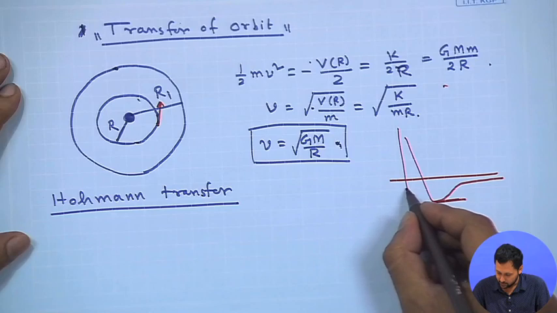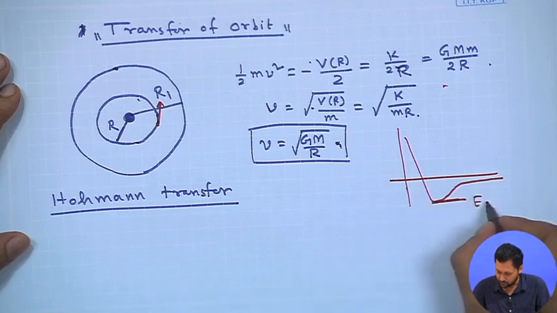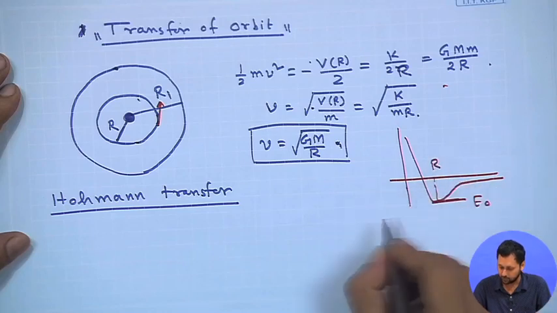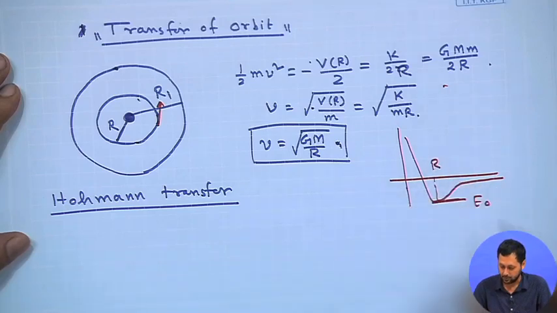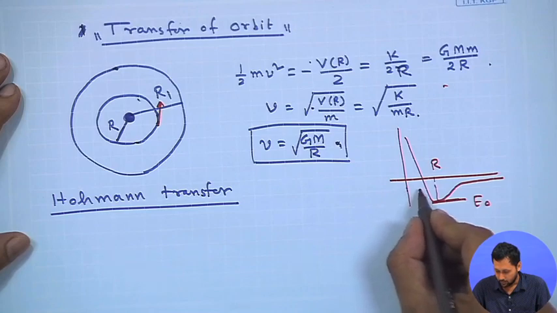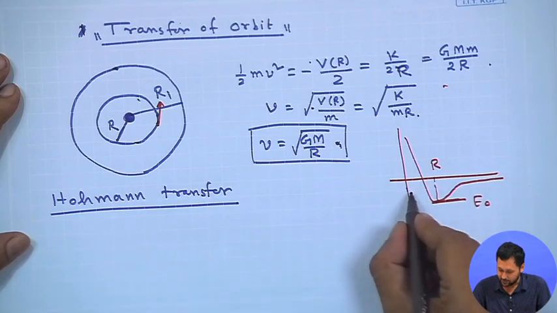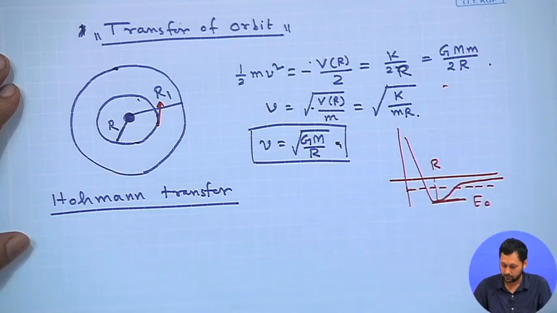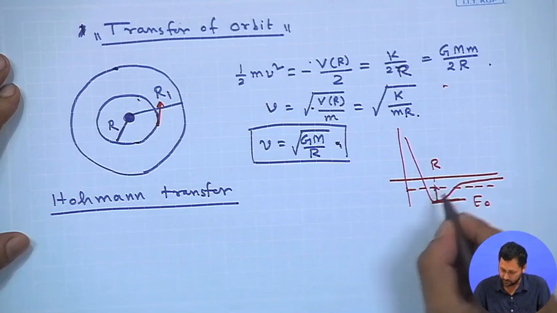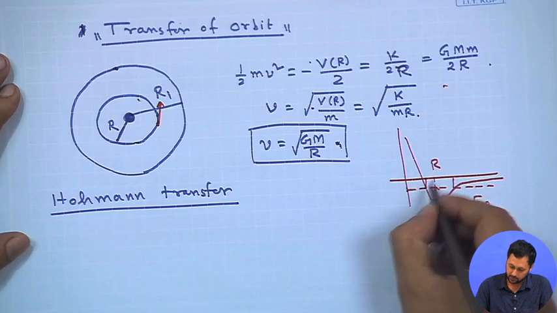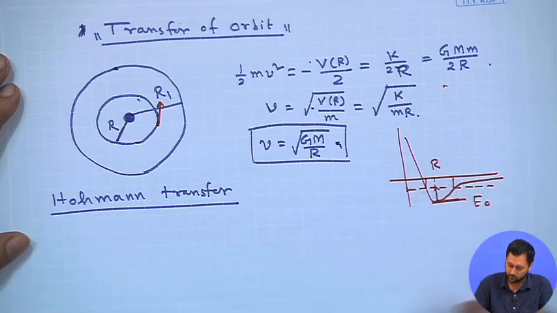If this is the energy E0, this is the corresponding radius r of the circular orbit, right. Now, if we put some additional energy into the system, then what happens? We can move it slightly higher. So, it will be an elliptical orbit with two radii r0 and r1.